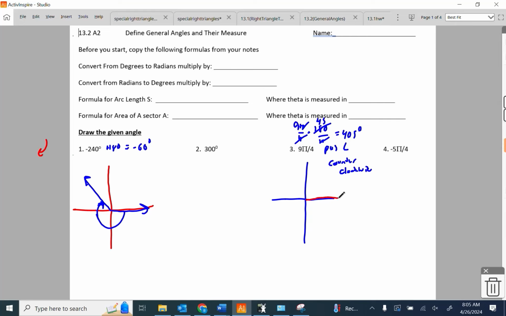Start here. We're going to rotate a complete circle, and a complete circle is 360, which gives us 45 degrees of positive rotation to go. There you go. It's not a hard skill. Anyways, there's two of them.